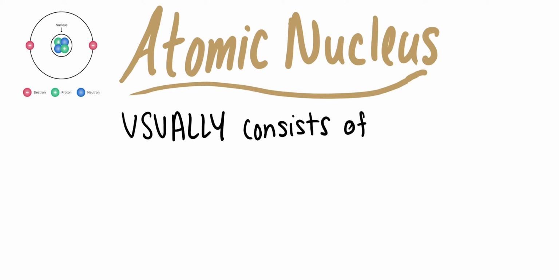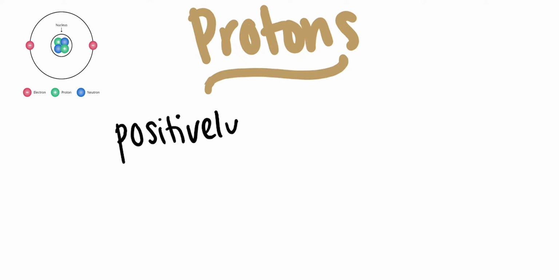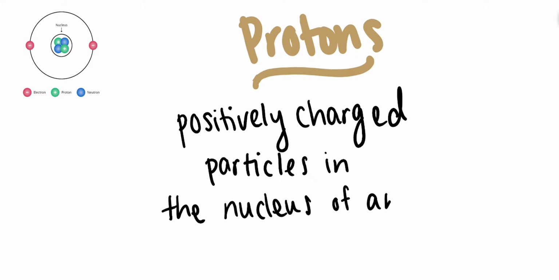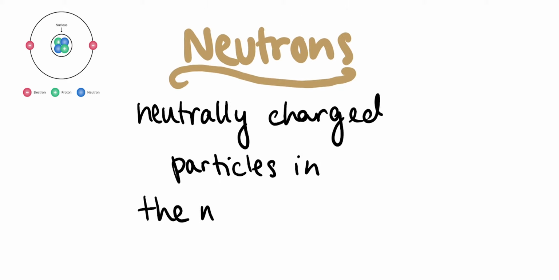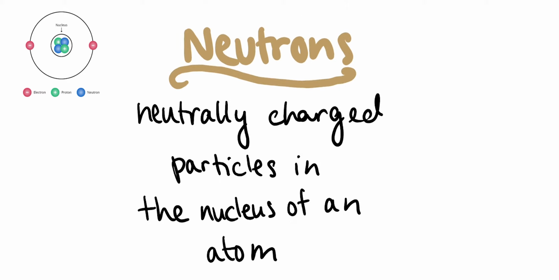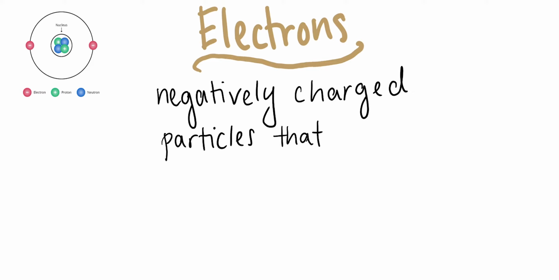The atomic nucleus usually consists of 2 basic subatomic particles, protons and neutrons. Protons are positively charged particles in the nucleus of an atom, and neutrons are electrically neutral particles in the nucleus of an atom. As I mentioned the word electrons, those are simply negatively charged particles that whiz around the nucleus of an atom.